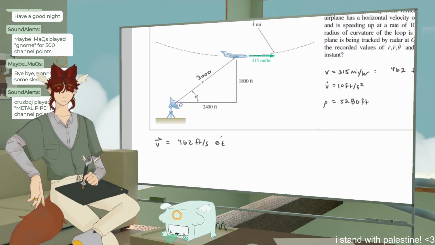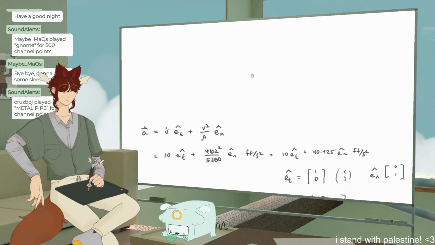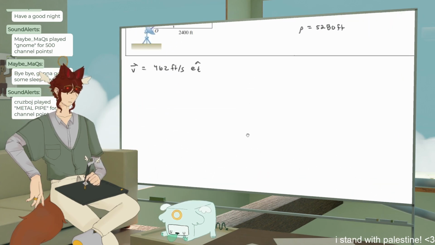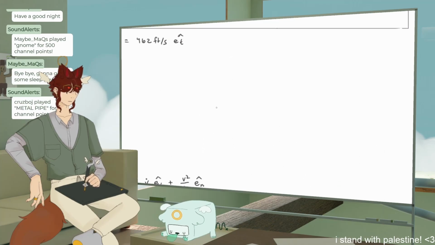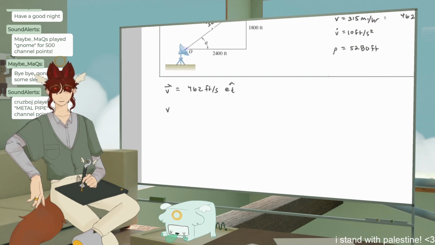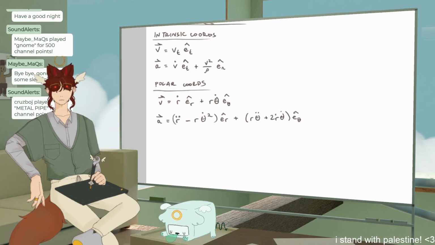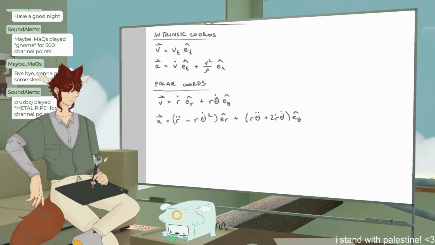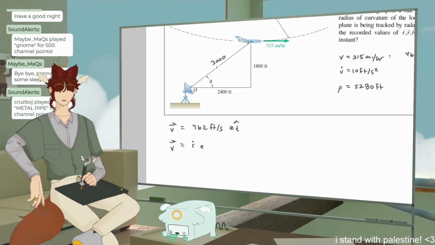ET. So then we have, if we dot ER, right? Hey, we need to write the other one. So V equals R dot ER plus R dot E theta.